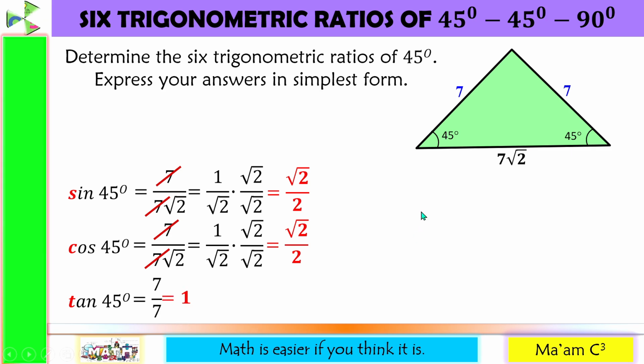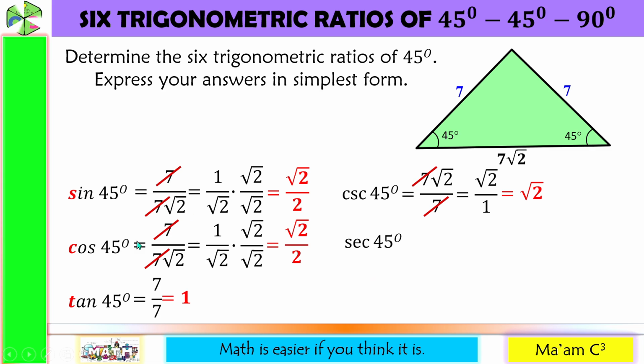Let's continue. Cosecant 45 degrees, the reciprocal of sine 45 degrees. Let us interchange this. Cancel out 7. So we have square root of 2 over 1. Simplify is square root of 2. Next one is secant 45 degrees, reciprocal of cosine 45 degrees.